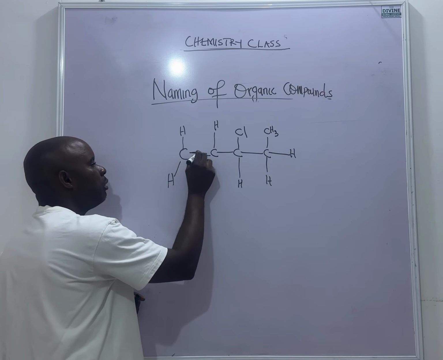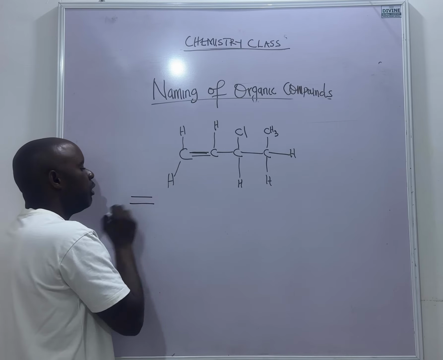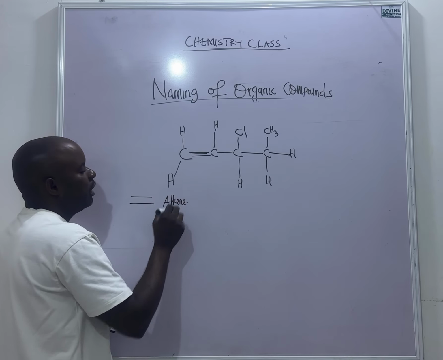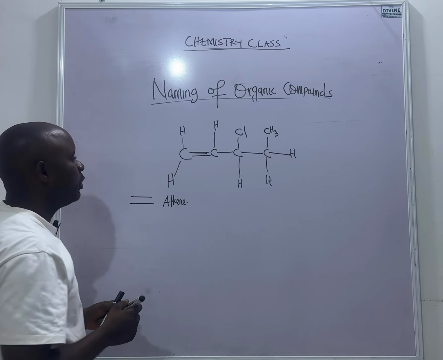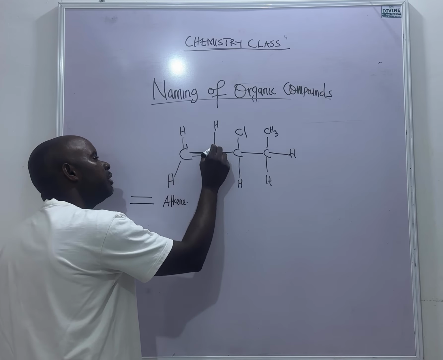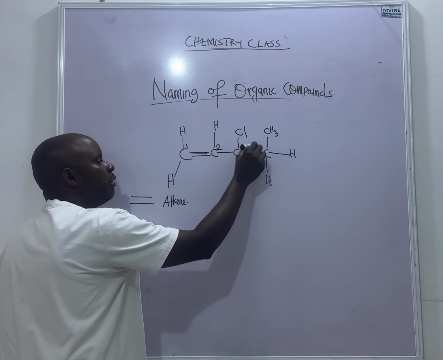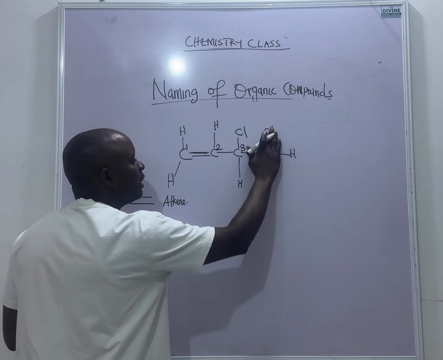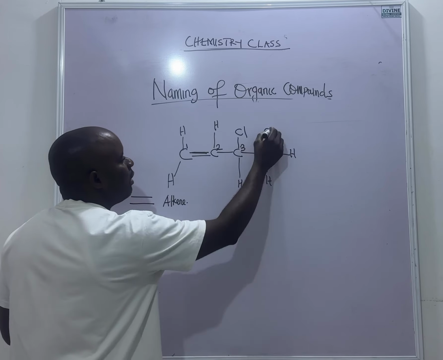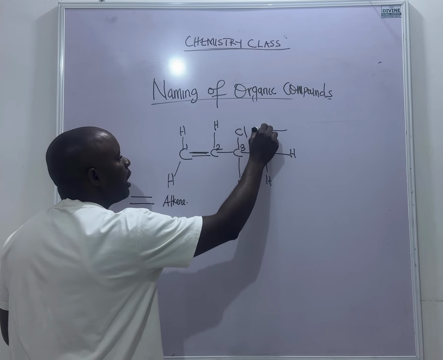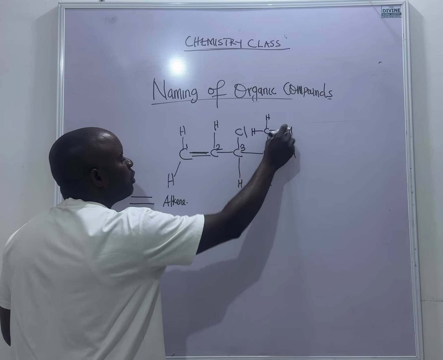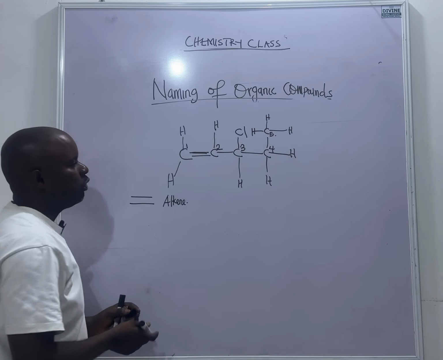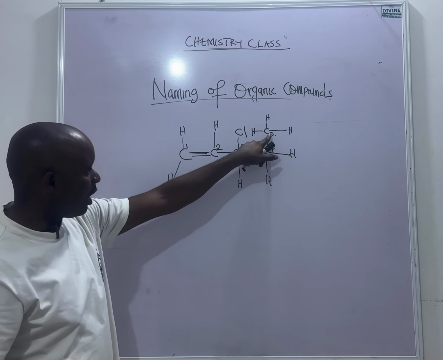This functional group, we said a double bond is found. It's an alkene family. An alkene family is present, so the lowest number must be given to the carbon bearing this functional group. And we have another carbon here, 5. So the longest continuous chain here must be written as 5. It will not end here, because we have another carbon here.